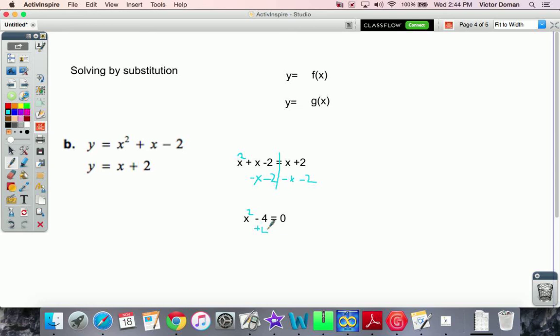I'm going to use the additive inverse to get x squared equaling positive 4. The inverse operation of squaring something is taking a square root, so take a square root, add the plus or minus, and we get x equals plus or minus 2.